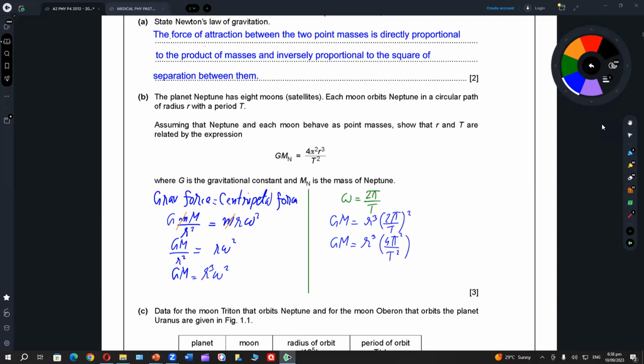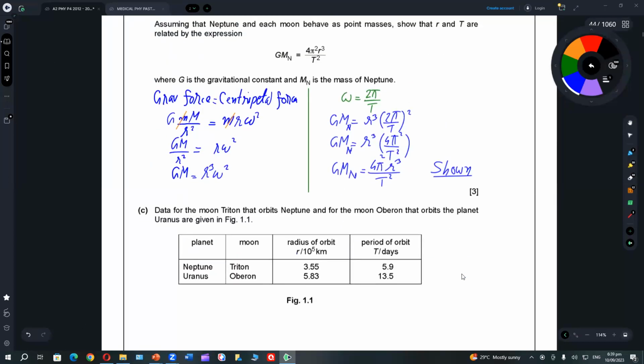Look at this working. Copy the derivation with me. He is using the mass as mN, so we can also put mN as a symbol. So look at the working.